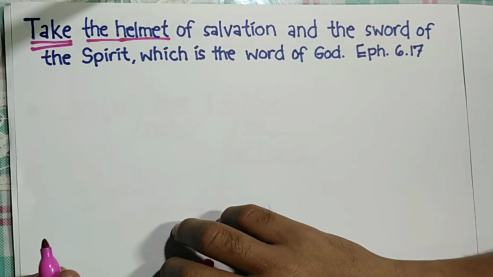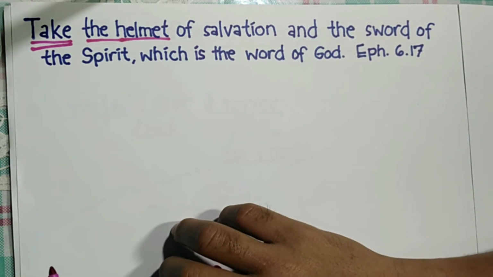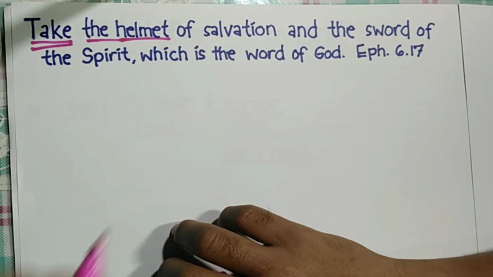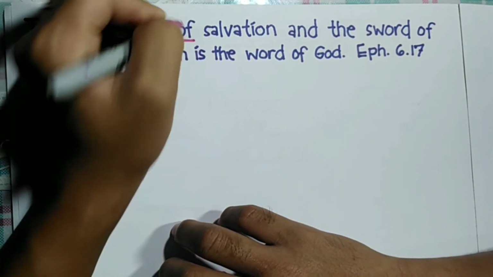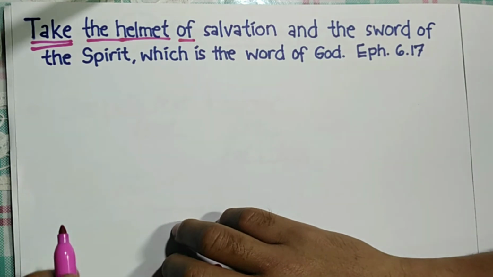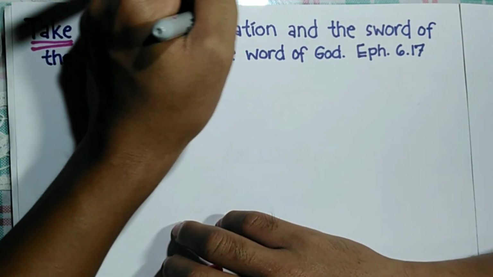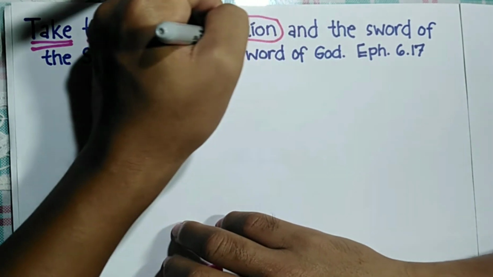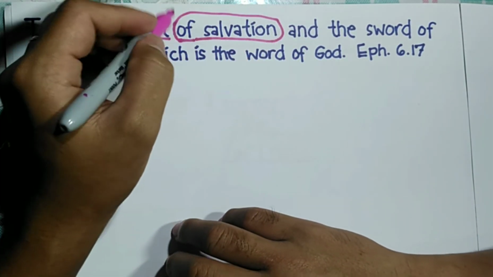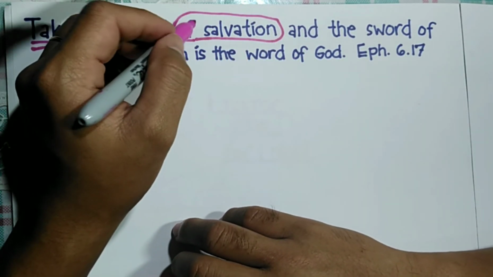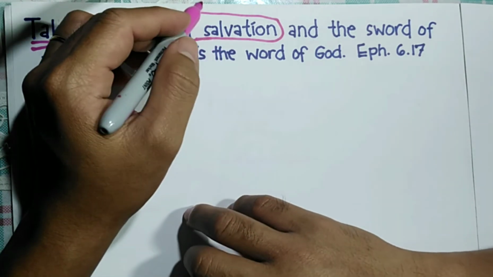We also have of salvation. Take note of this word. Very good. Of salvation is an object of the preposition. We have the preposition word of, and then the object of the preposition, salvation.